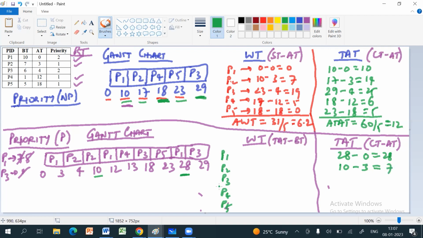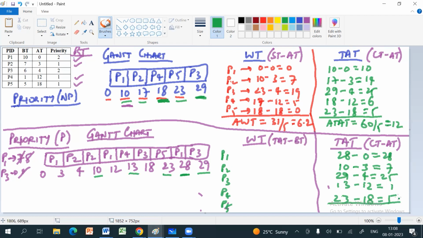Then P3 completed at 29. So 29 minus its arrival time 4 comes to 25. Then P4 completed at 13. So 13 minus its arrival time 12 is equal to 1. Then P5 completed at 23. So 23 minus 18, which is 5.